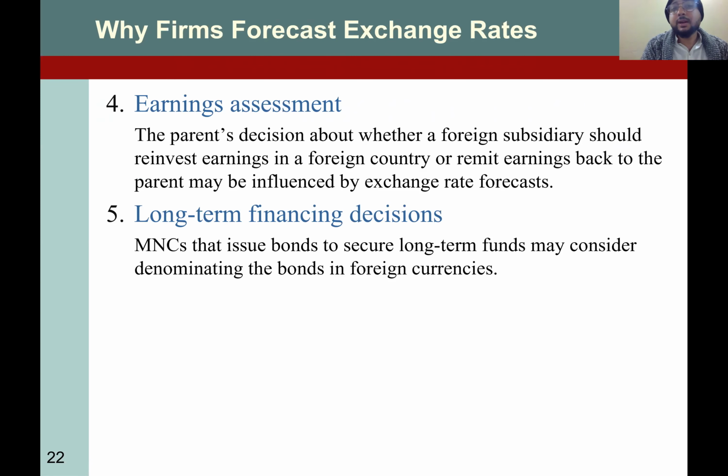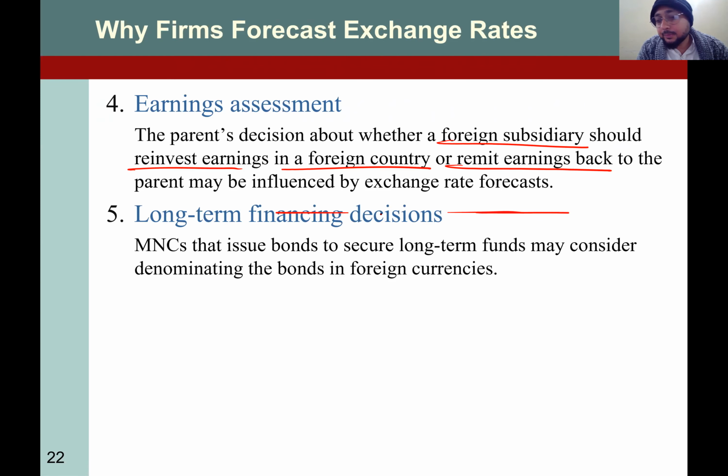So the parent's decision about whether a foreign subsidiary should reinvest earnings in the foreign country or remit earnings back to the parent may be influenced by exchange rate forecasts, right?